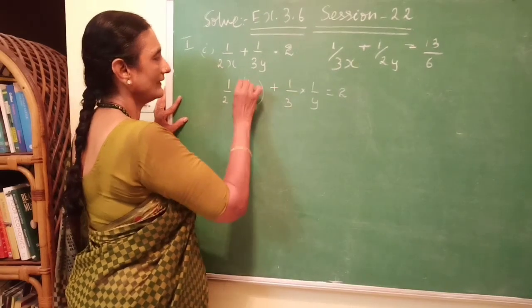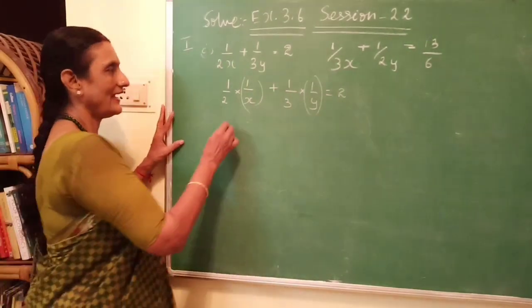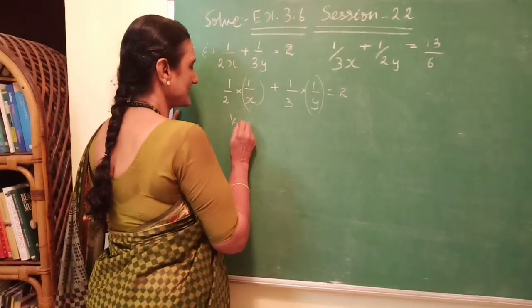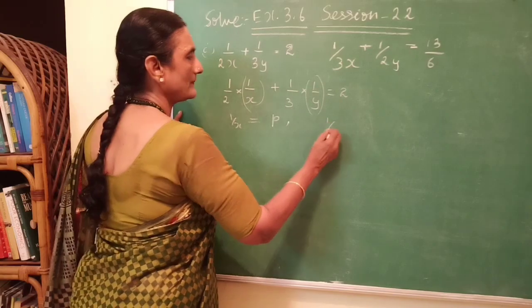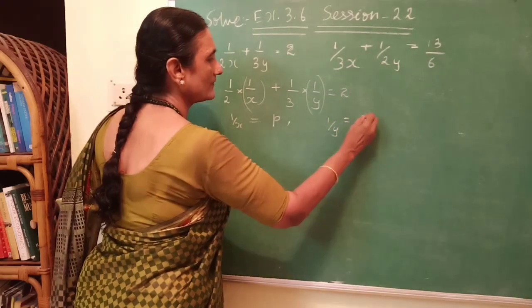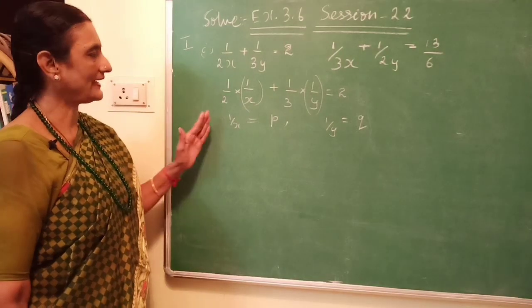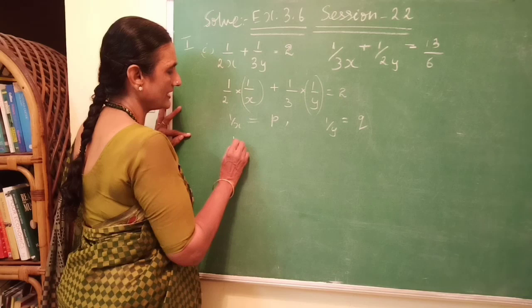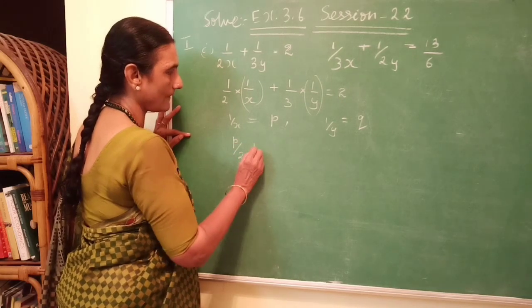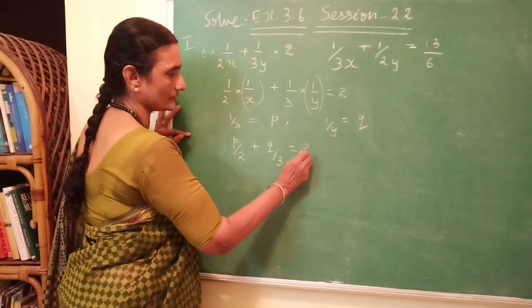Now then, what are we going to do? We are going to have a simple substitution: 1 by x is equal to some p, and 1 by y we can keep as some q. Are you understanding? So, if it is the case, what do we get? We get p by 2 plus q by 3 is equal to 2.